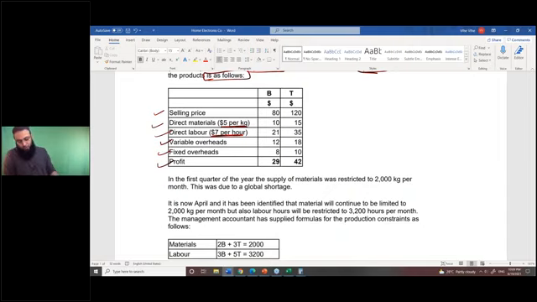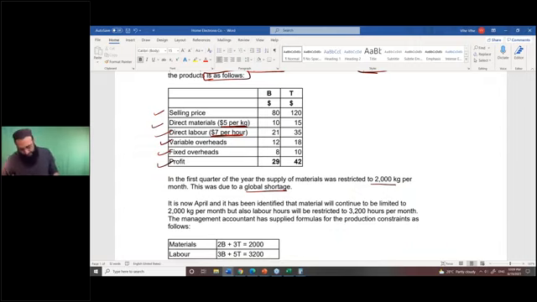In first quarter of the year, the supply of material was restricted to 2000 kg per month. Okay, it was restricted to 2000 kg per month. So I hope this is clear to all of you. This was due to global shortage.